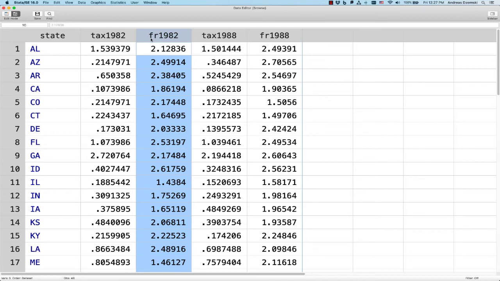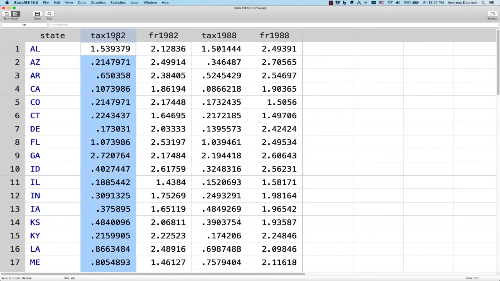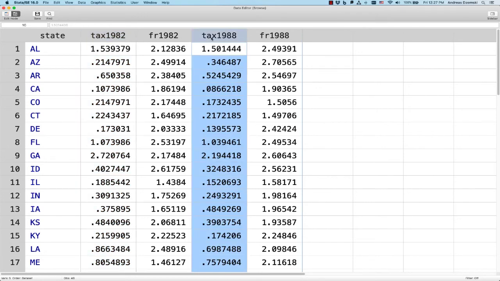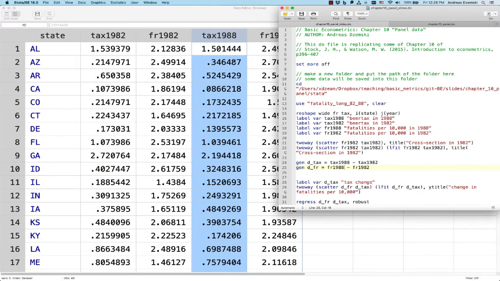For example, we're going to look at the change of the tax from 1982 to 1988. So let's generate a new variable. Let's call it D tax, for tax difference, and that takes the 1988 tax and subtracts the 1982 tax. So this is the change from 82 to 88.